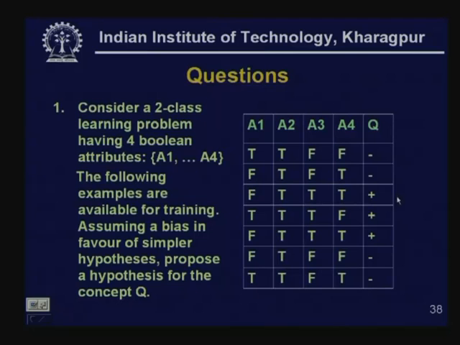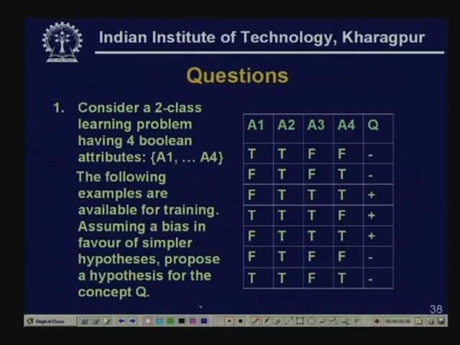The classes are plus and minus, and they are referred to by Q. So, Q is the target concept that you are trying to learn, and you have 7 different examples, and there are 4 attributes to this learning problem: A1, A2, A3 and A4, and all these attributes are Boolean attributes.